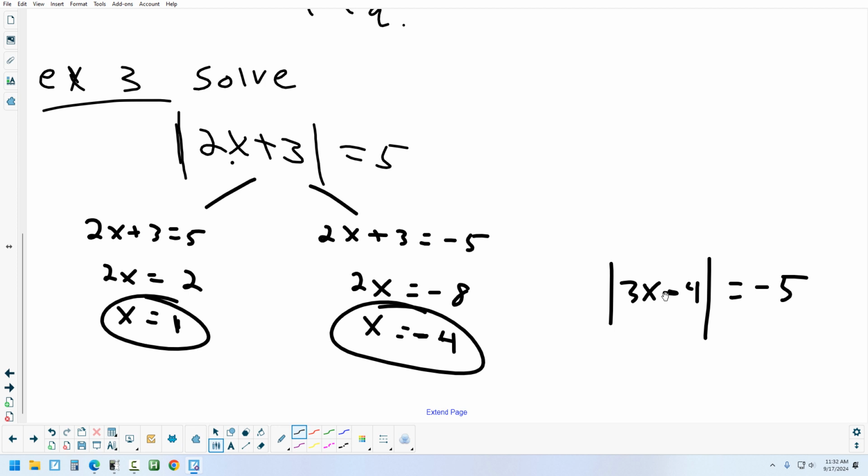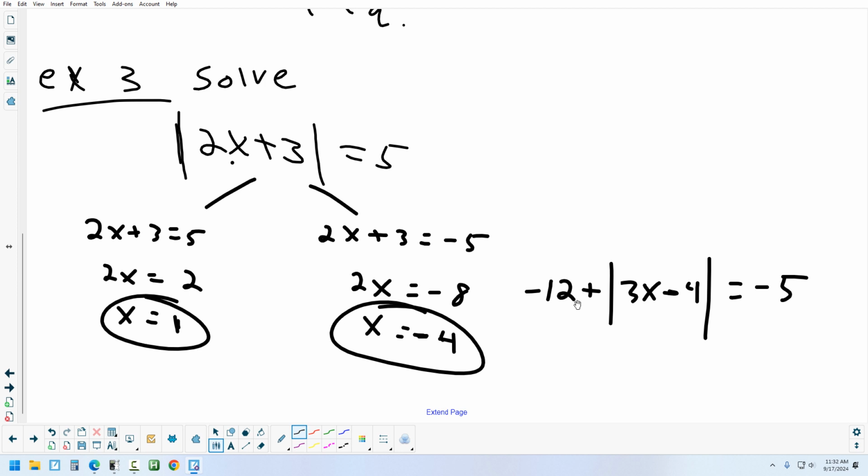But let's say you had something like this. Negative 12 plus the absolute value of 3x minus 4 equals negative 5. You might look at it quick and say, oh, absolute value equal to a negative, no solution. But this time there is a solution. How come? Why is this different, Matt?